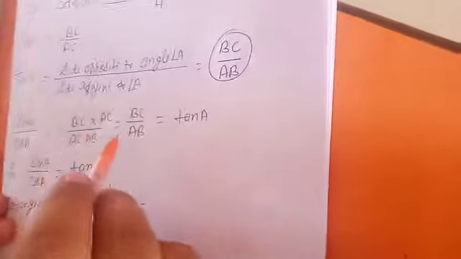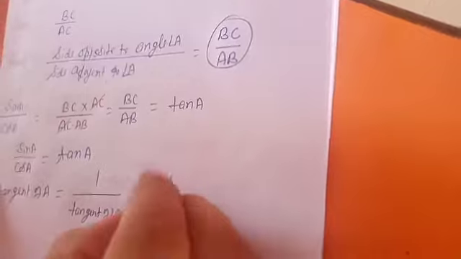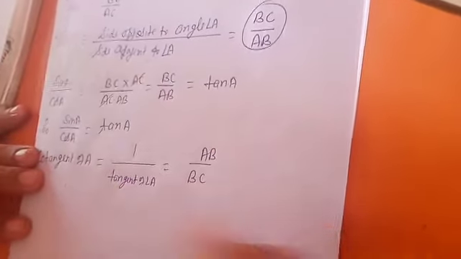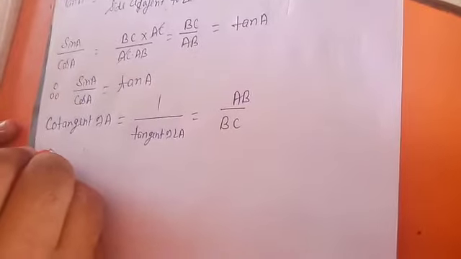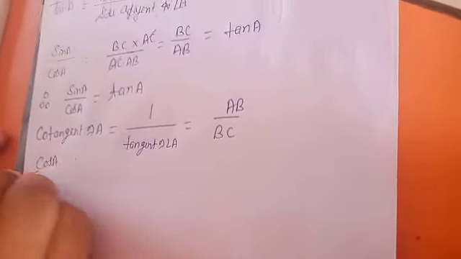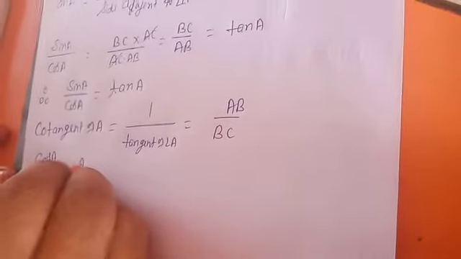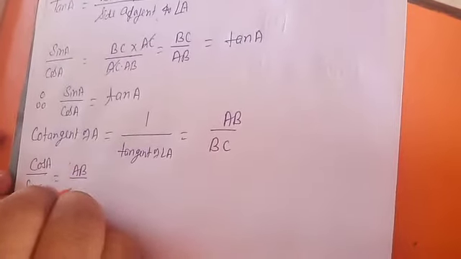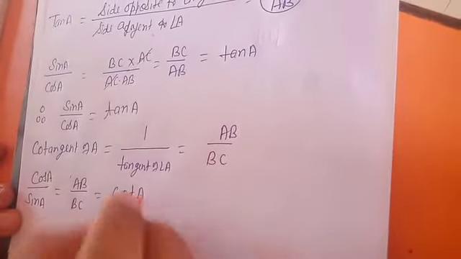As you know, it is BC by AB, so 1 by BC by AB. Its meaning, cos of A by sine of A, is also AB by BC, which is equal to cotangent of A.